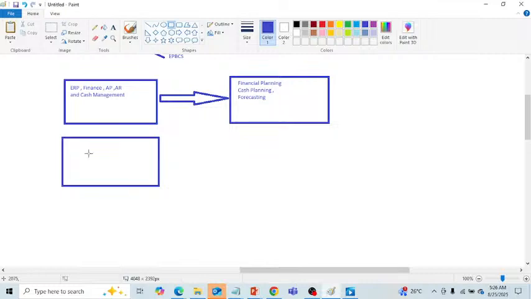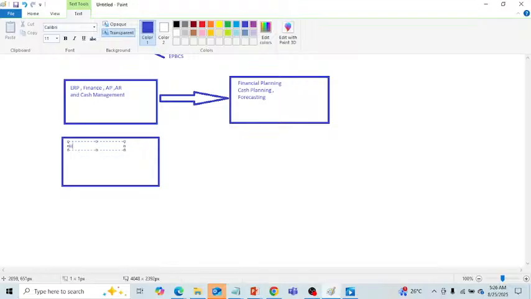So it has the related information about HR, HCM, compensation, and talent management.